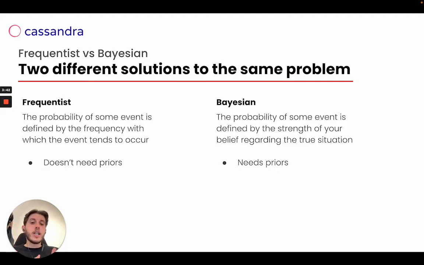The Bayesian approach, the Bayesian view, basically defines the probability of some event by the strength of your belief regarding the true situation.